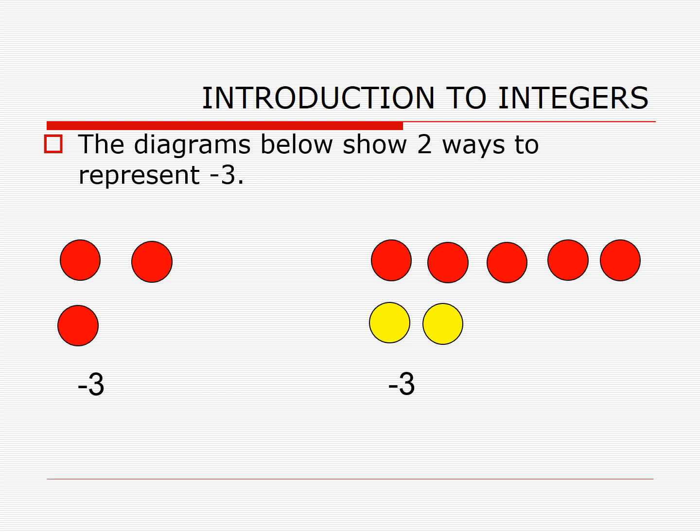So 5 red tiles are representing -5 and 2 yellow tiles are representing 2 positive numbers. So in the whole operation, you would have only 3 red tiles remaining, because 2 red and 2 yellow will cancel out each other, and so this is another way to represent -3. You can try representing -3 in 2 more ways on your own.